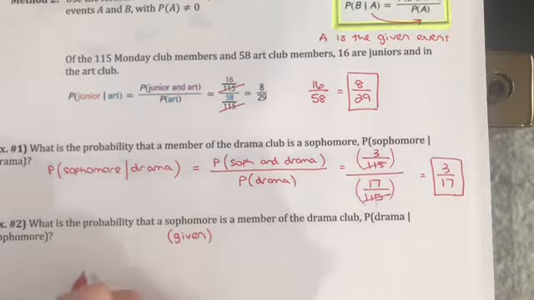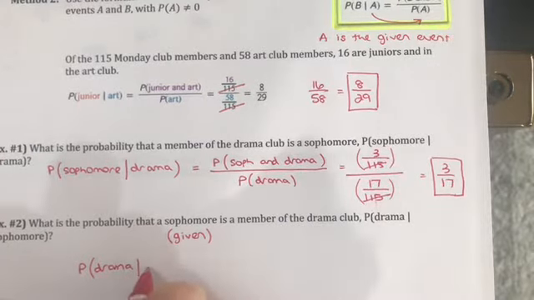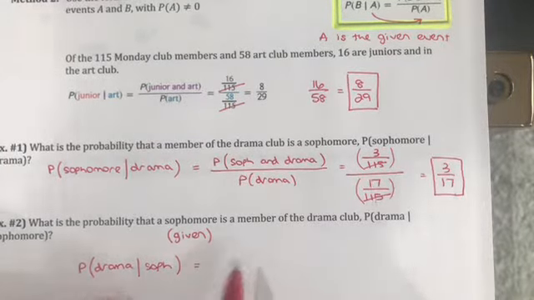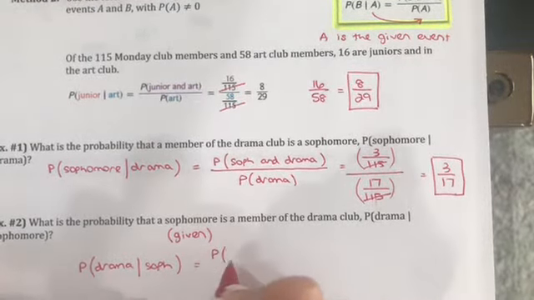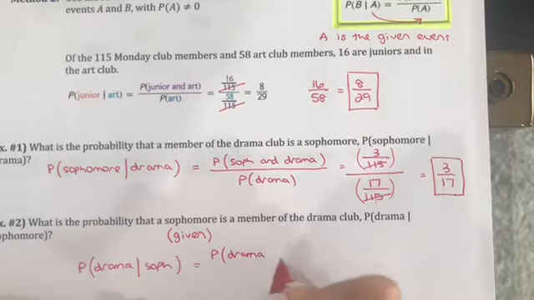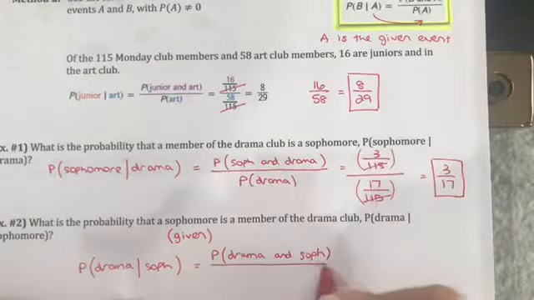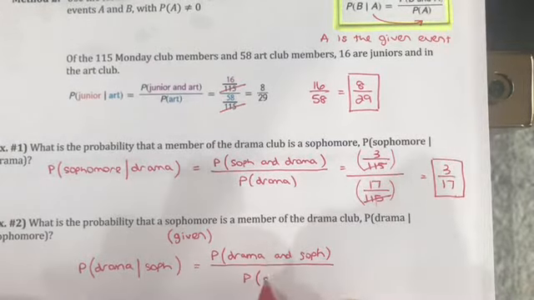So it's going to be the probability of drama given that it's a sophomore. Well, the key in the numerator, remember, is the probability of drama and soph. But we're going to divide by the probability that it's a sophomore.